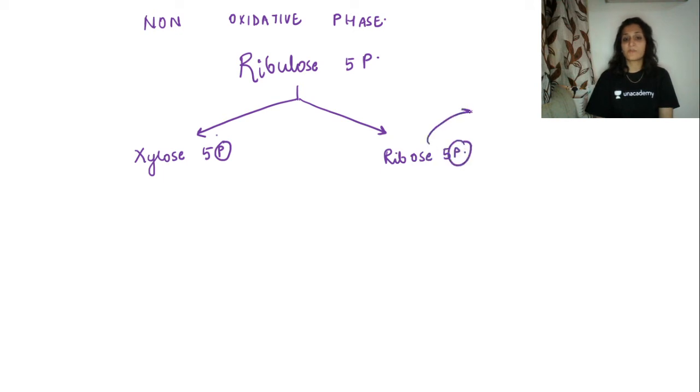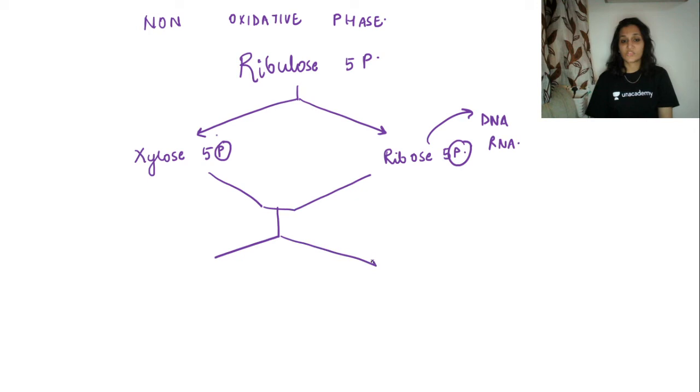So this ribose 5-phosphate is a precursor for DNA and RNA. Now they both are going to get changed into two other products, and the enzymes required for the formation of xylulose 5-phosphate and ribose 5-phosphate from ribulose 5-phosphate are epimerase and isomerase.